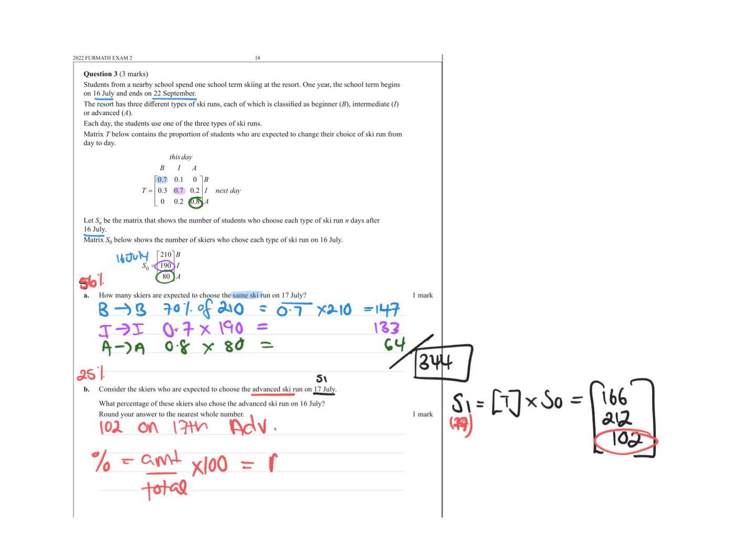We need from A to A, and they've already asked me up here, A to A. We know that was 64, who went from the same run, and then we know there was 102 in total, and we times by 100, which equals 63%. It said whole number.